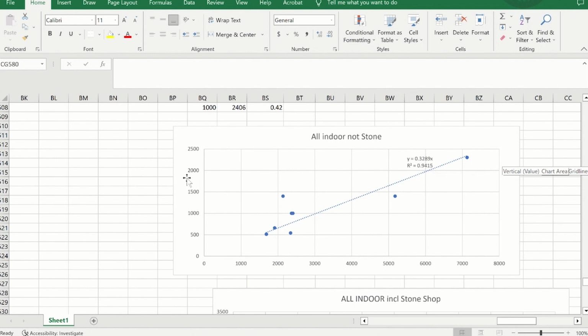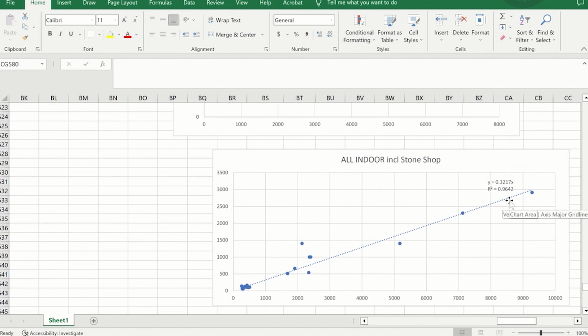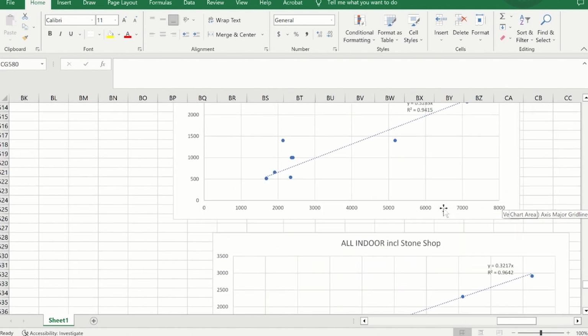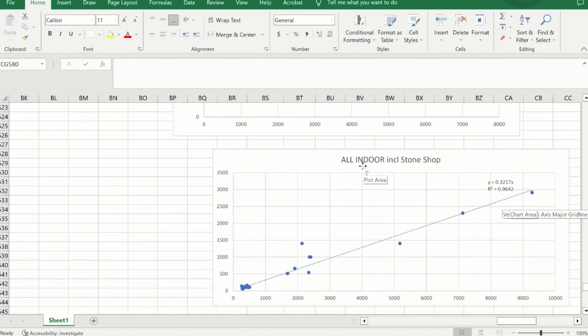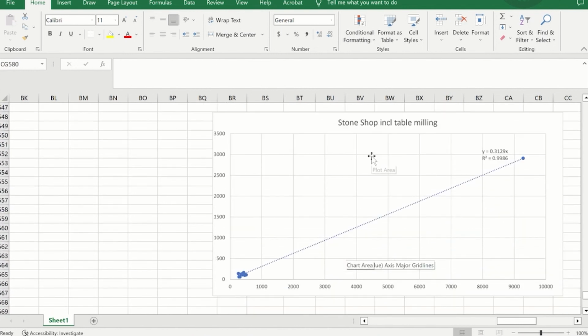Converting PM10 to residual dust, we got a very good correlation there, R squared. Now when you add the stone shop, which is all indoors, it pretty much stays the same. The correction factor is 0.32, so it went down slightly. Again, a very good correlation. If you just look at the stone shop, including the table milling, your correction factor was 0.31.